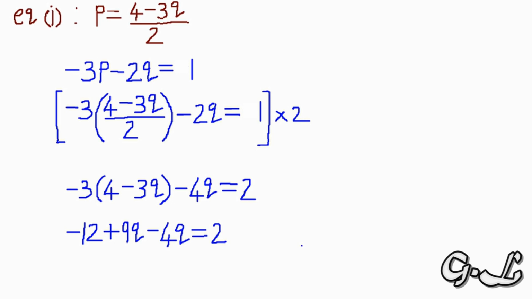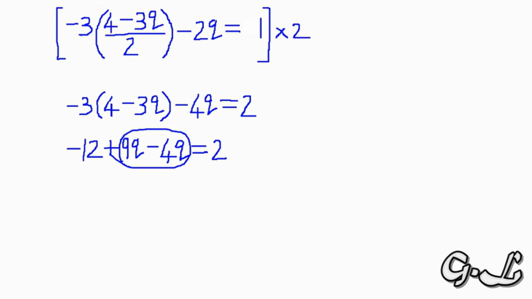And then the next thing that we're going to do is the simplification. So when you look at 9q and negative 4q, those are like terms. You can do the simplification and the calculations with those. So you can say 9q minus 4q and it will give you 5q. So again, you're going to take that negative 12 to the other side of the equation, to the right hand side, and it will be the positive value.